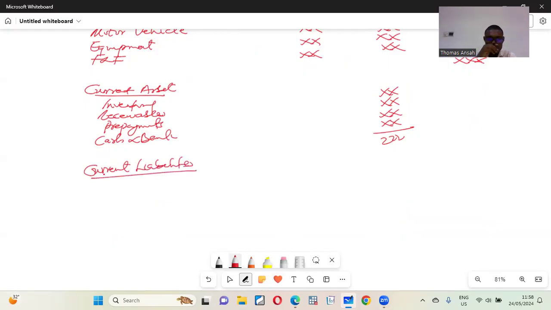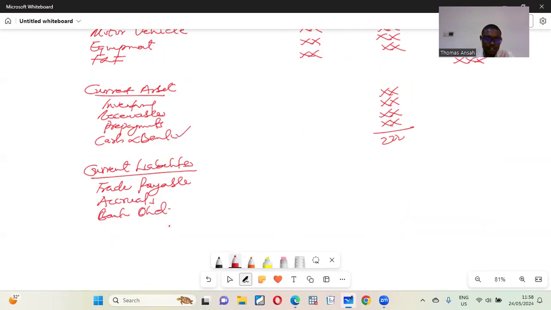All right, so the current liabilities, what do we have? We have trade payables, right? We have all forms of accruals. All right, the accrued expenses. Then we have bank overdraft, in case. So when in the trial balance, bank is at the debit side, you put it in current assets.